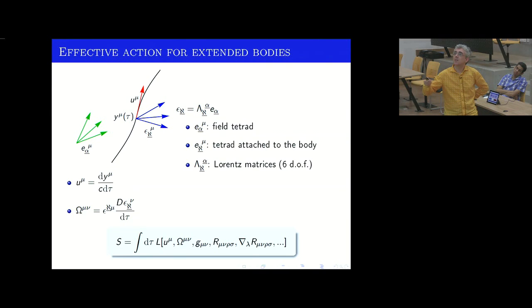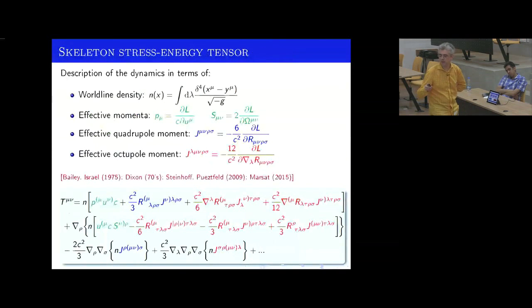So here you can see the relation between them. It is quite clear that this is the second tetrad which is relevant to define the rotation vector and therefore the spin. And the Lagrangian we will consider will depend on the velocity, the rotation vector, and also the Riemann tensor and the derivatives of the Riemann tensor in the vacuum. So the Weyl tensor, if you prefer.